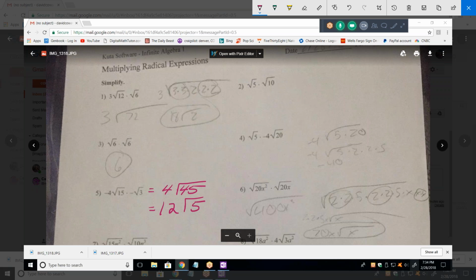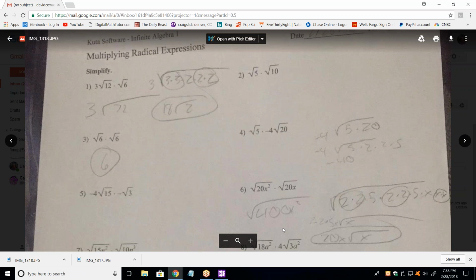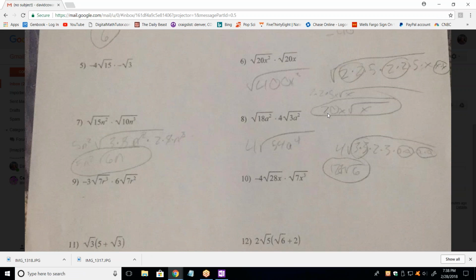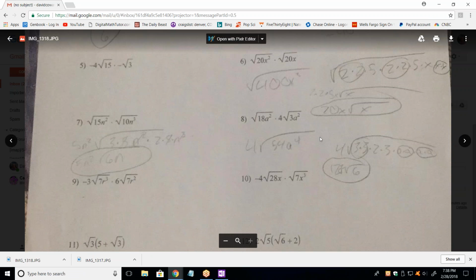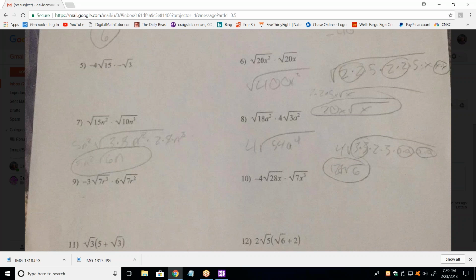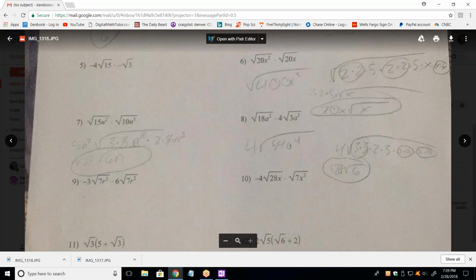Okay. Number 6. Here, let me scroll down a little bit. Okay. Now, the one thing you want to recognize right away is we got the square root of 20 times square root of 20.